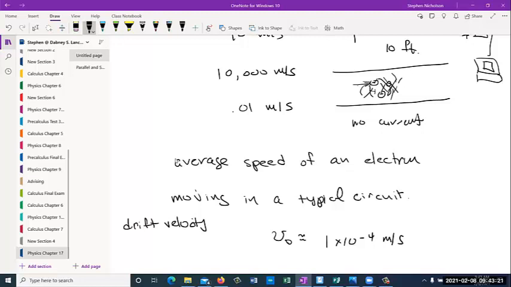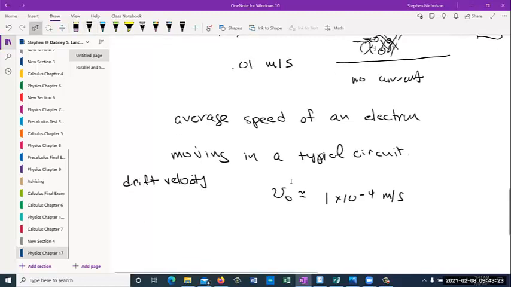You're like, oh, you're full of it, it can't be true. How does electricity move in a wire? If it's moving that slow, it'll take forever. If you have a 1 meter piece of wire, like a cord, that would be 1 divided by 1 times 10 to the minus 4.